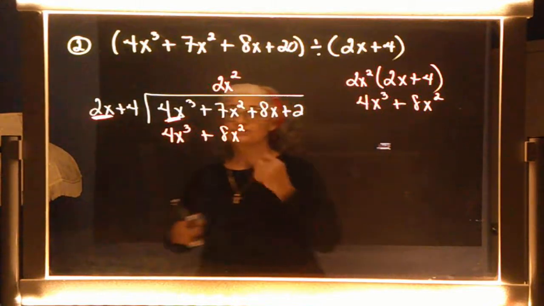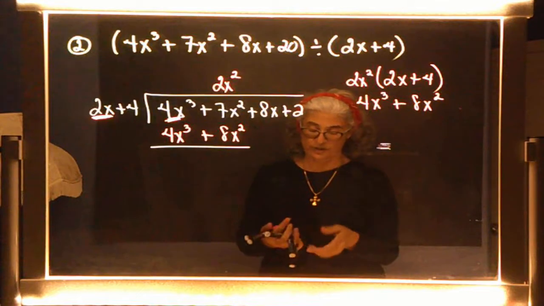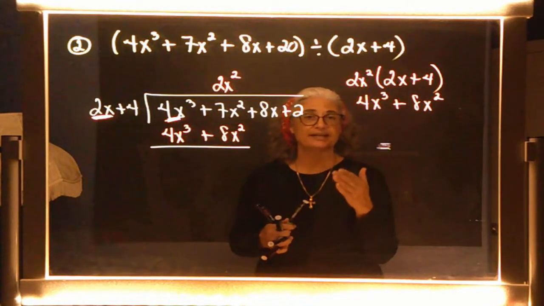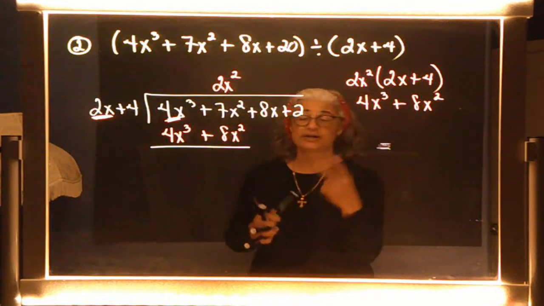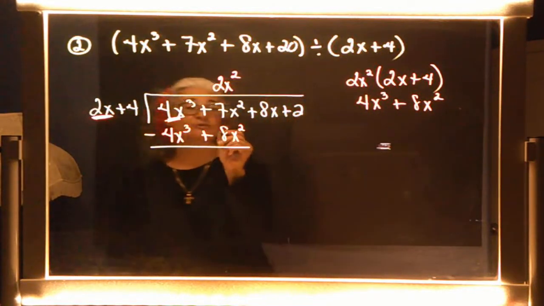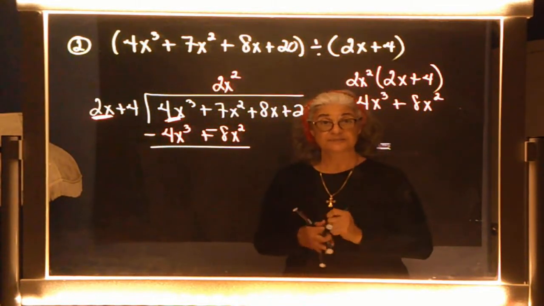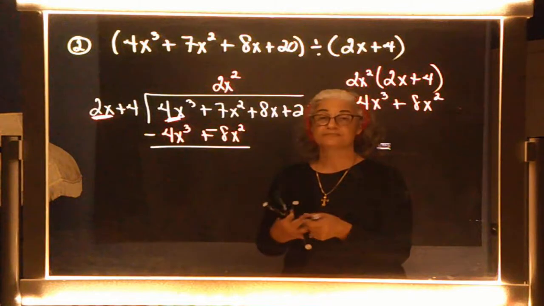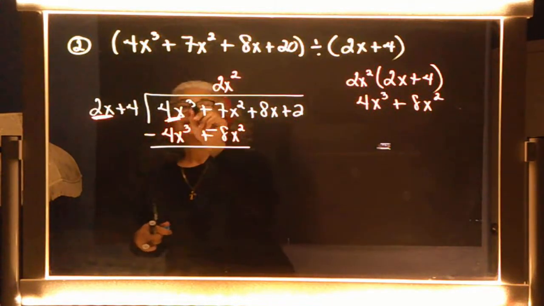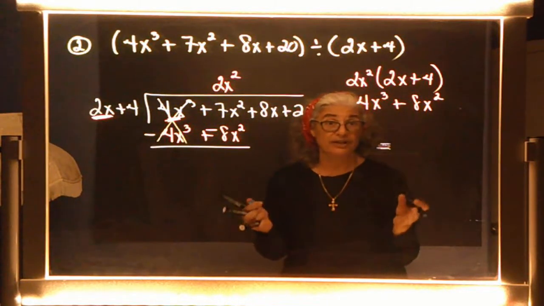And now, after we've multiplied, remember, this is long division. What do you do next? Yes, you subtract. How many times? Good, twice. I'm going to subtract off the 4x to the third, and I'm going to subtract off this 8x squared, right? Okay. 4x to the third minus 4x to the third cancels, which is exactly what I was trying to make happen, right?